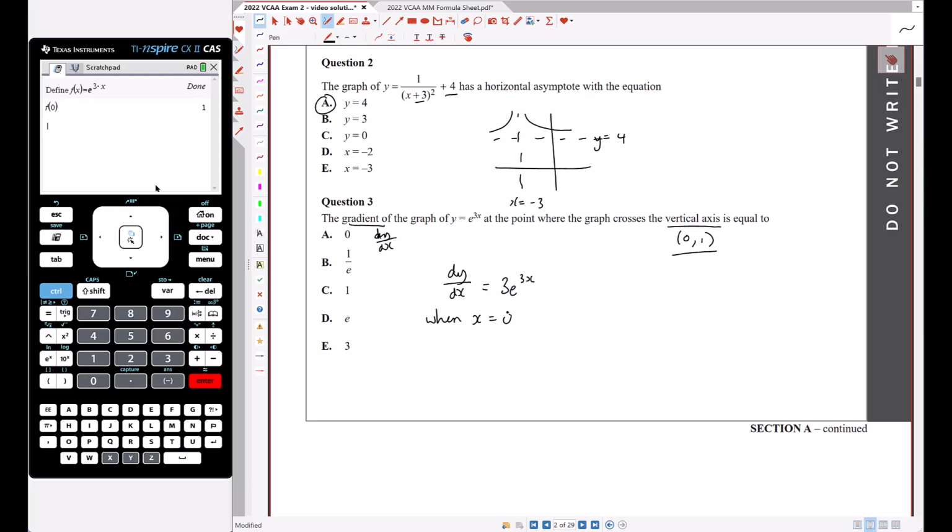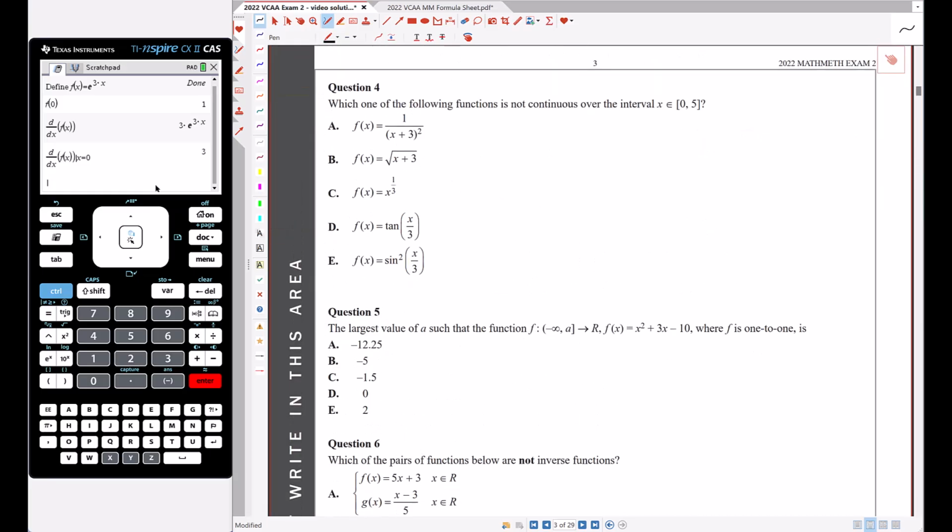Actually I didn't even need the coordinates, I just needed when x is 0. Therefore dy/dx will be 3e to the 0, which is 3 times 1, which is 3. As I said, we could have got our CAS to differentiate f of x for us, and then work out the derivative given that x equals 0, which would be 3.